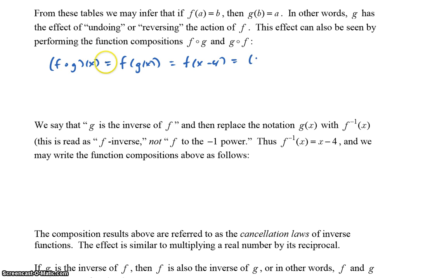Then f takes x minus 4 and adds 4 to it. That just brings us back to x. So we're doing what I described with the two tables, except we're showing that this happens for any x we might choose, not for any particular value of x.